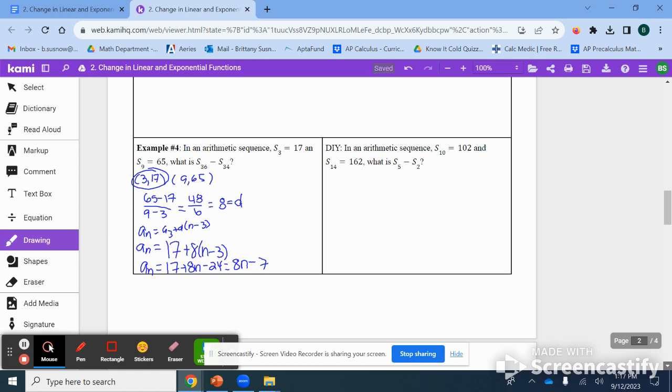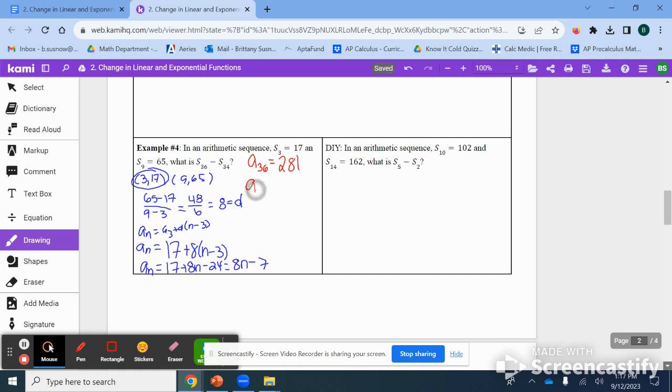So now we take 36, plug it in. We take 34, plug it in, and then we subtract them. So what is a sub 36? When you plug 36 in for n, is it 281? Yeah, okay. When you take 36, you plug it in, you get 281.